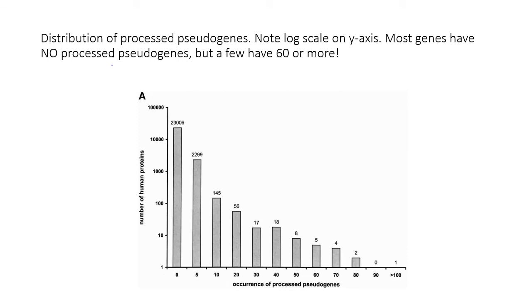So the vast majority of our RNAs never did form a processed pseudogene, or if they did, they went away real soon. On the other hand, some genes have quite a few of them. Some have 60 or more examples of processed pseudogenes that are clearly related to the original gene sequence, but are now, of course, not real genes anymore by means of this reverse transcription process. So there's huge variation in whether a particular RNA or gene will end up being a processed pseudogene or not.